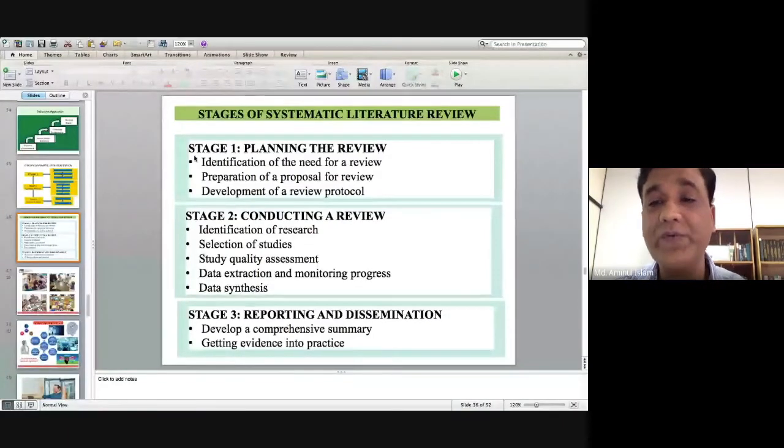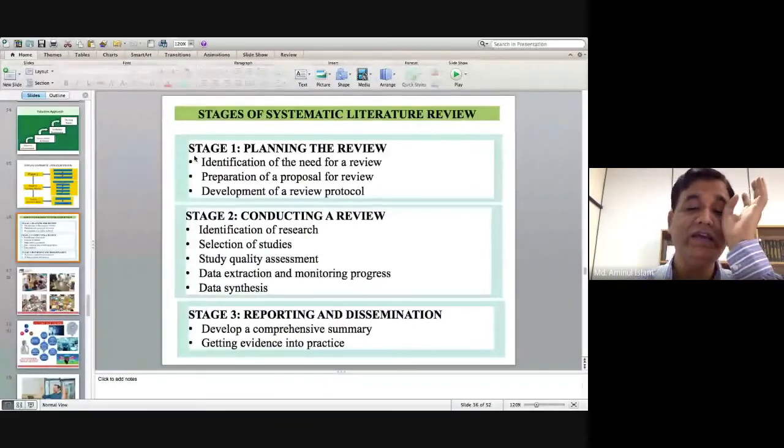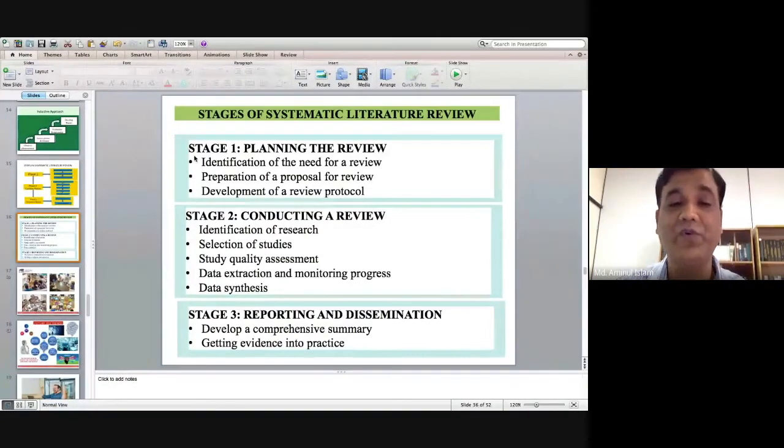As you remember, we said we have to read a paper 4 times: reviewing the paper, annotating, then summarizing, and then finally comparing and contrasting. So in the conducting a review stage, we can do the 4 readings while we read the paper.